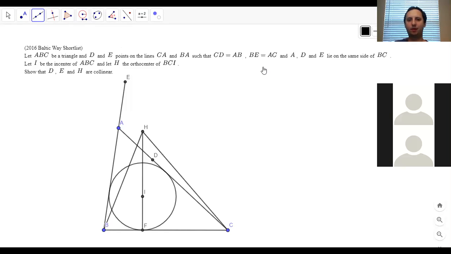Oh, really? Interesting. So yeah, I think there's something with spiral similarities here. Like, because AD is equal to AE.